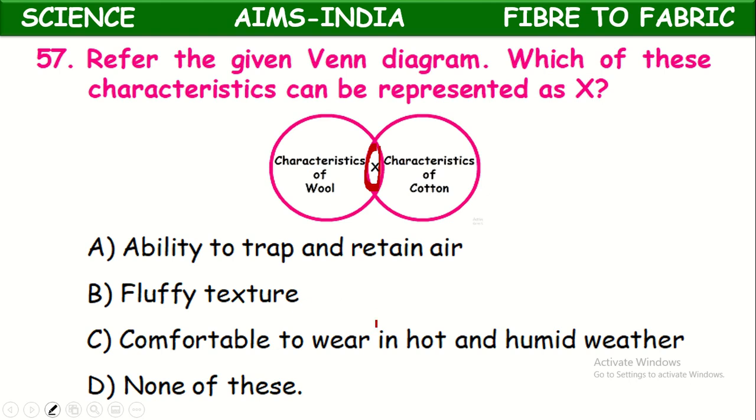So the common factor is the ability to trap and retain air. That is a common property for cotton and wool, so in the place of X, we can keep this characteristic.